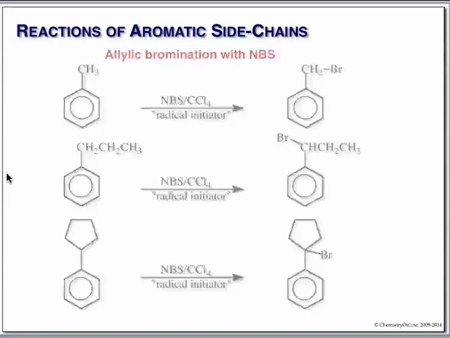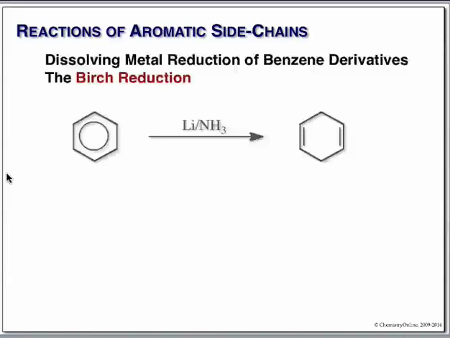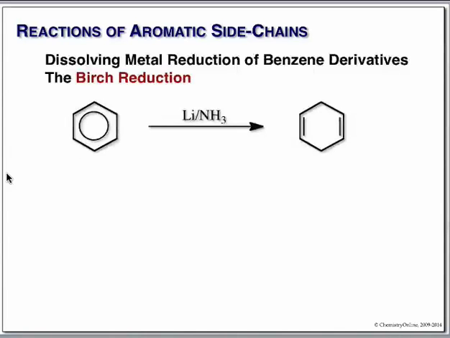There was one more really kind of neat reaction called the Birch reduction that we did, where we took a benzene ring and did a dissolving metal reduction. Now, we've talked about dissolving metal reductions last semester. Here we're using lithium. You can also use sodium. And you do this in liquid ammonia.